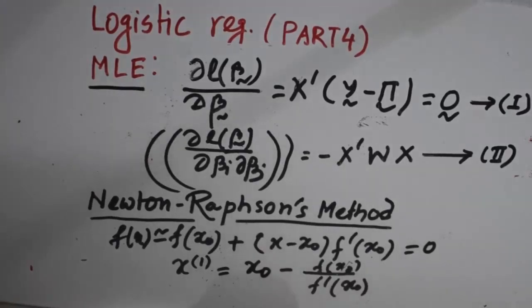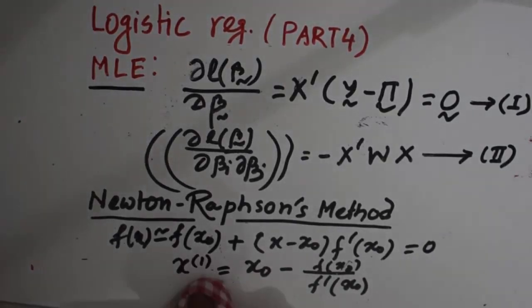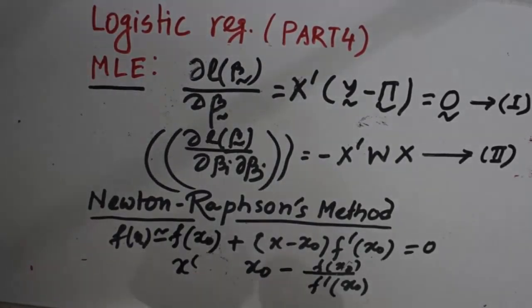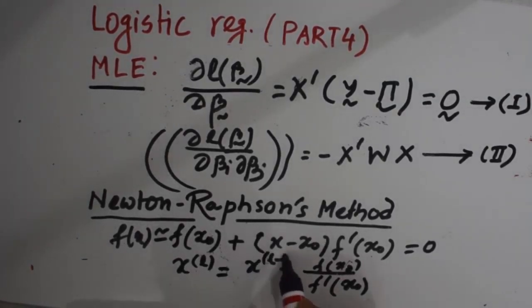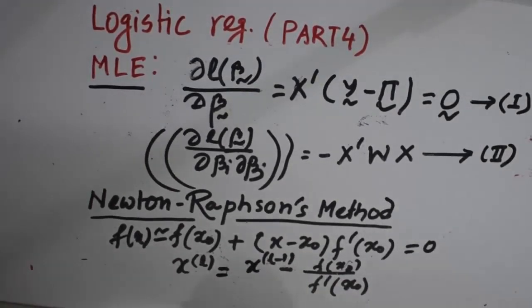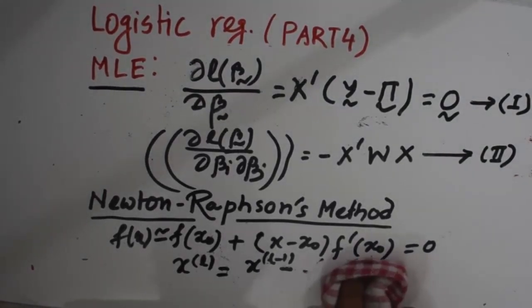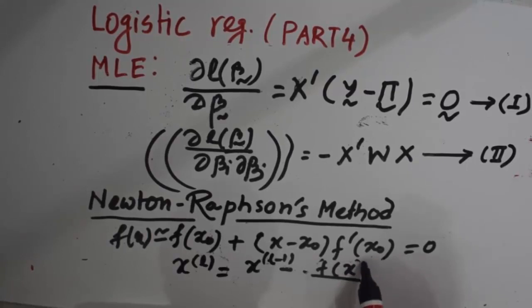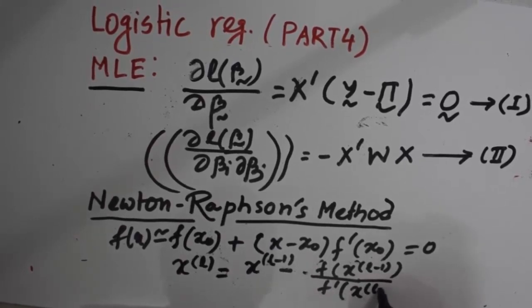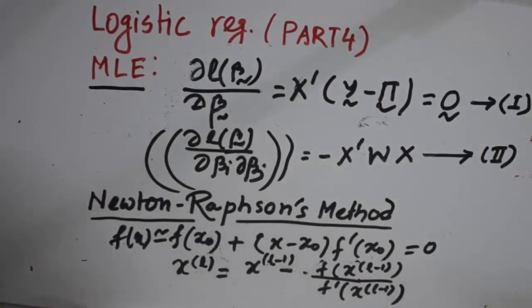And for the lth step, this should be x l equal to x l minus 1 minus f(x l minus 1) by f dash x l minus 1.